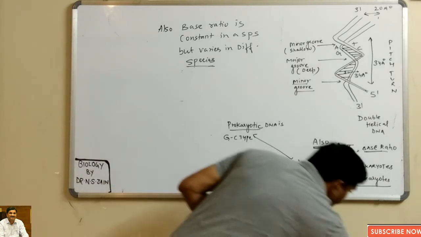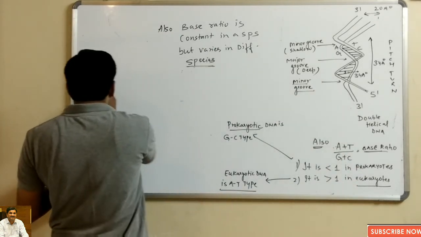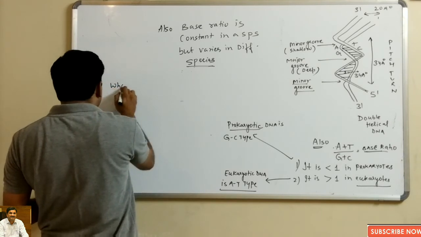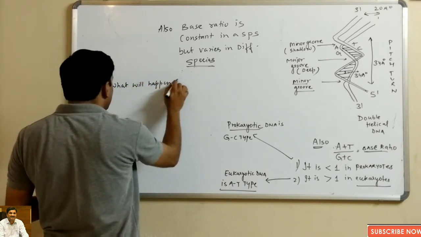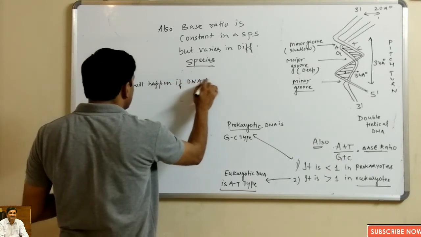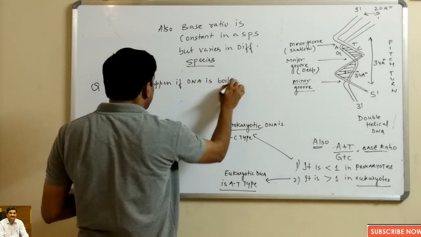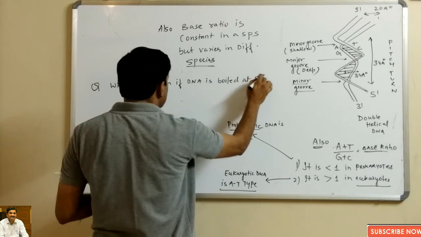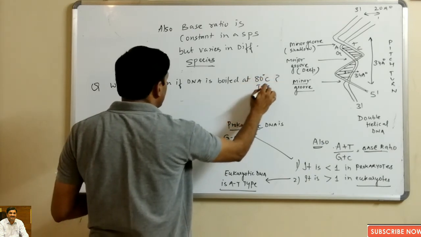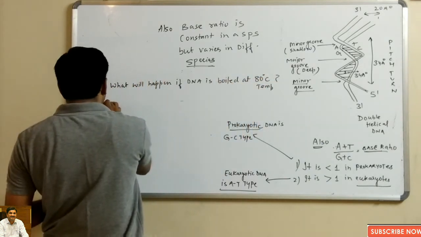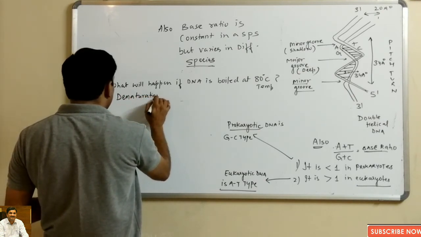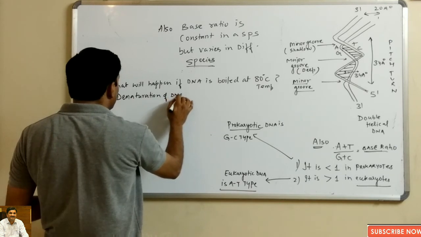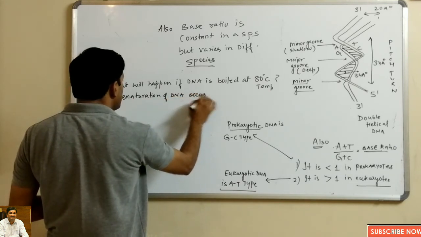Now one question is asked many times: what will happen if DNA is boiled at 80 degrees Celsius temperature? The answer is that denaturation of DNA will occur. What is denaturation?